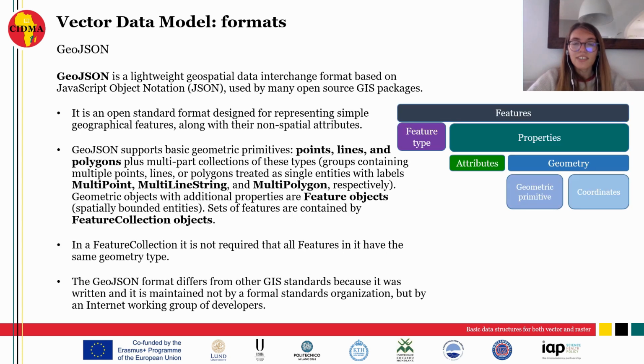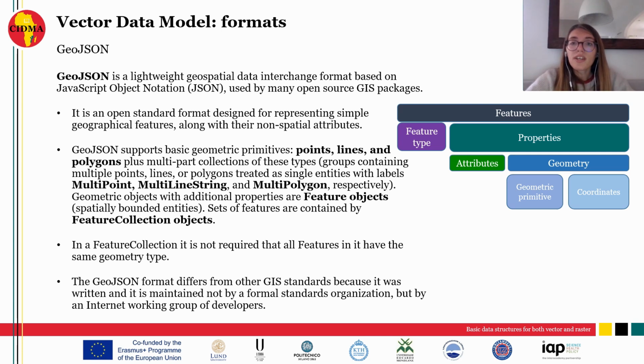Another interesting format, different from the previous ones, is GeoJSON. It is particular because it is an open standard format, but it has been written and is maintained not by a formal standards organization, such as OGC, but by an internet working group of developers.